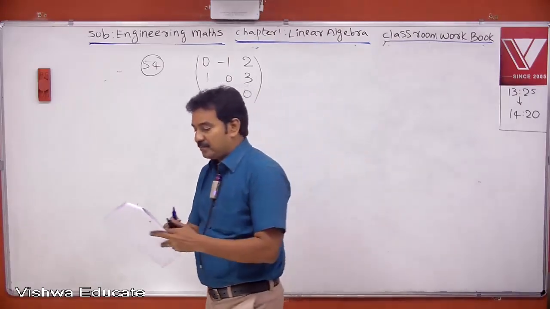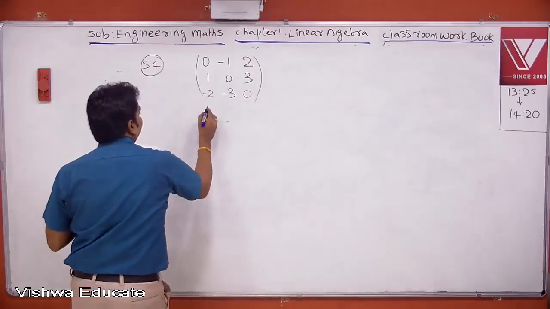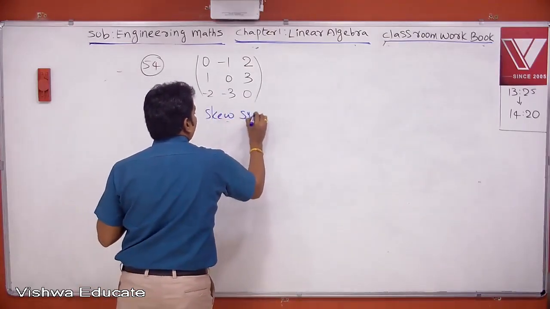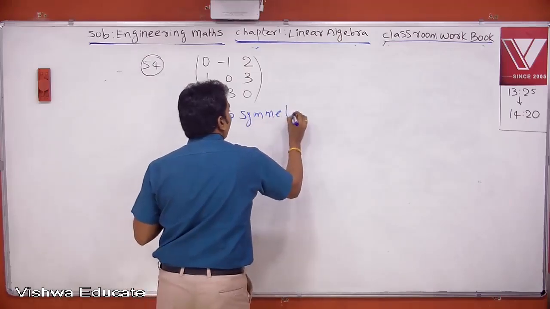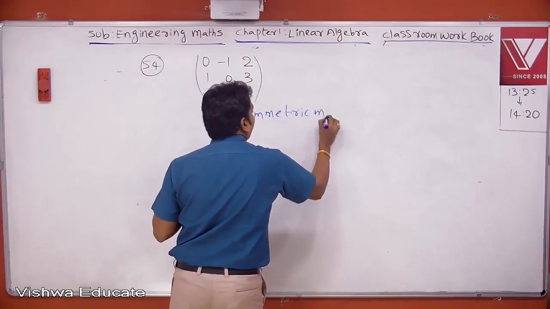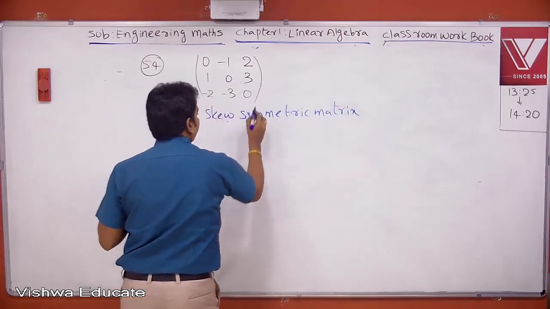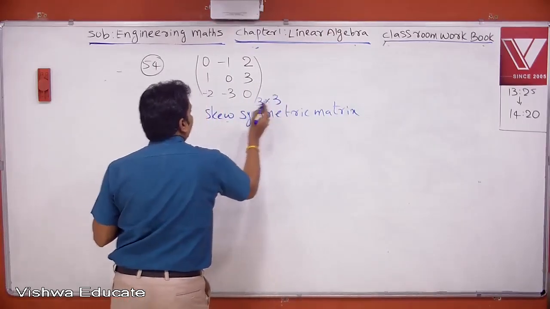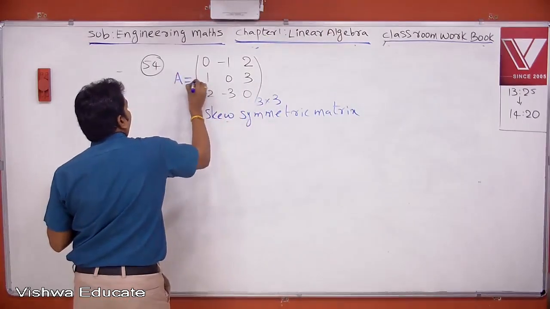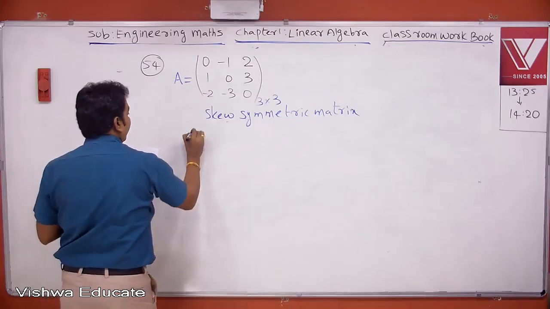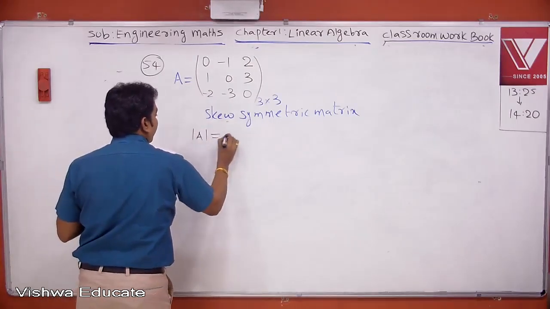Look at this question. This is a skew symmetric matrix. Size is odd. Assume that this matrix is A. So when A is a skew symmetric matrix of odd size, its det is 0.